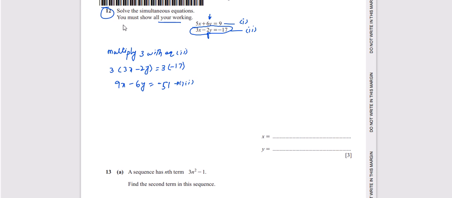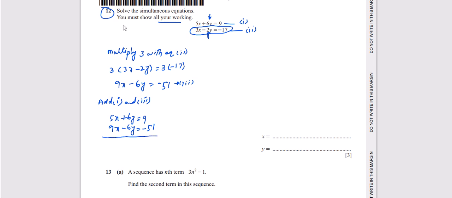Add equation number 1 and 3. The equation 1 is 5x plus 6y is equal to 9. The equation 3 is 9x minus 6y is equal to minus 51.